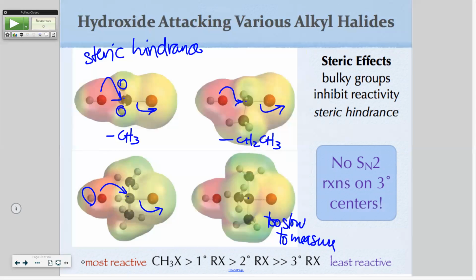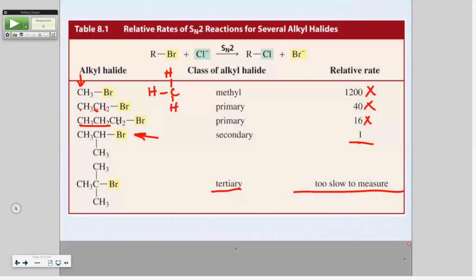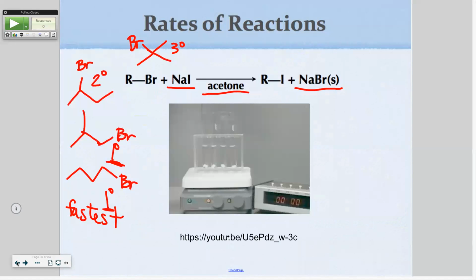Now, remember that other one. This one. Why is this one slower than this one? They're both primary.